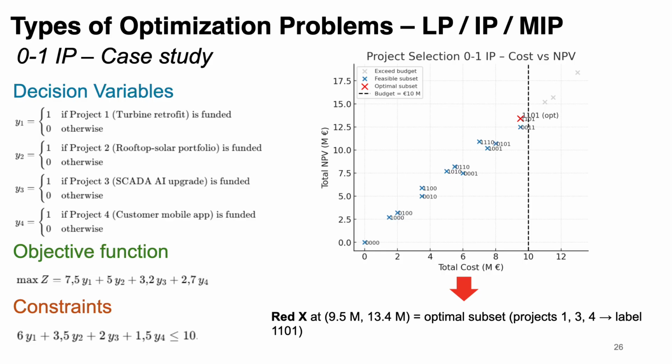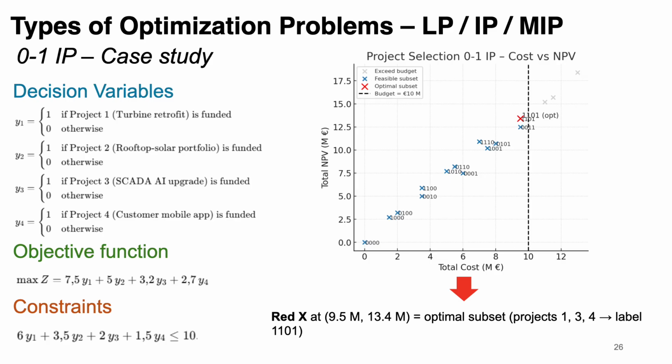Once we apply those binary rules, the results become clear. In our example, the solver identifies a specific optimal subset. It doesn't just look at the projects one by one, it looks at how they fit together to fill the knapsack of your budget. On this graph, you see the red X located at the point where we have used 9.5 million of our 10 million euro budget to generate 13.4 million in value.